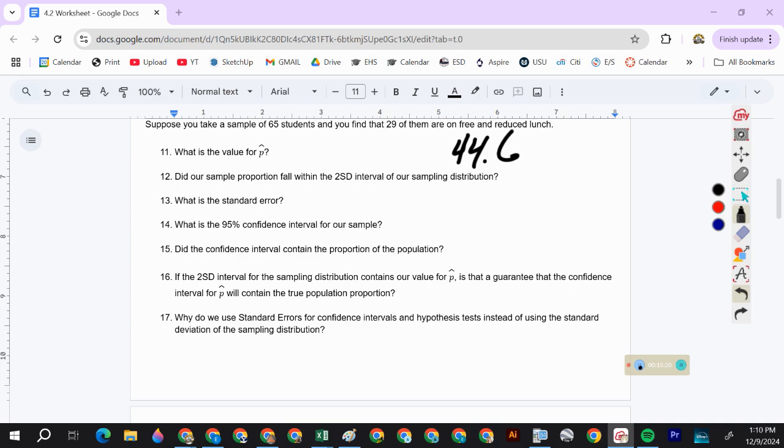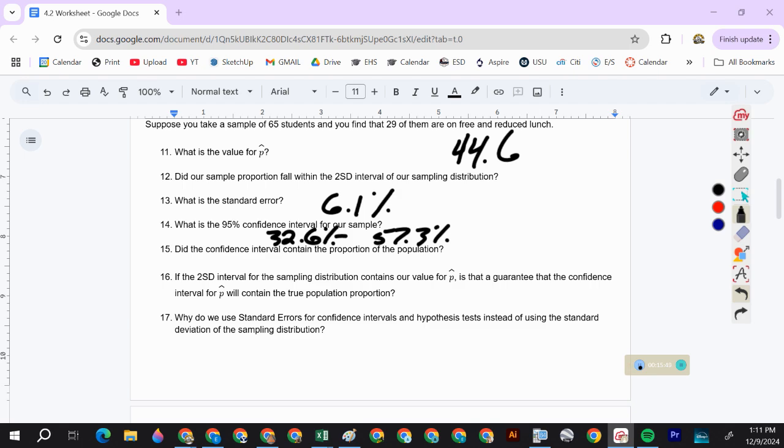What is the standard error? 6.1%. Okay. So what did you get for a 95% confidence interval? Okay. Does that capture the true proportion? Yes, it did.